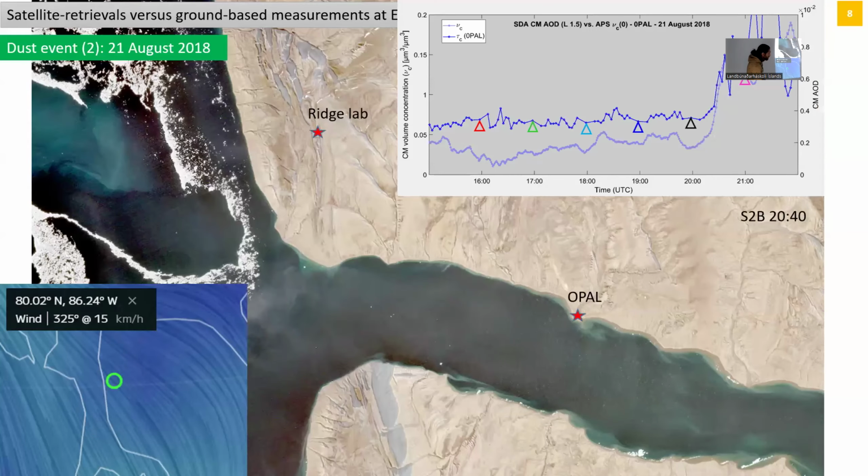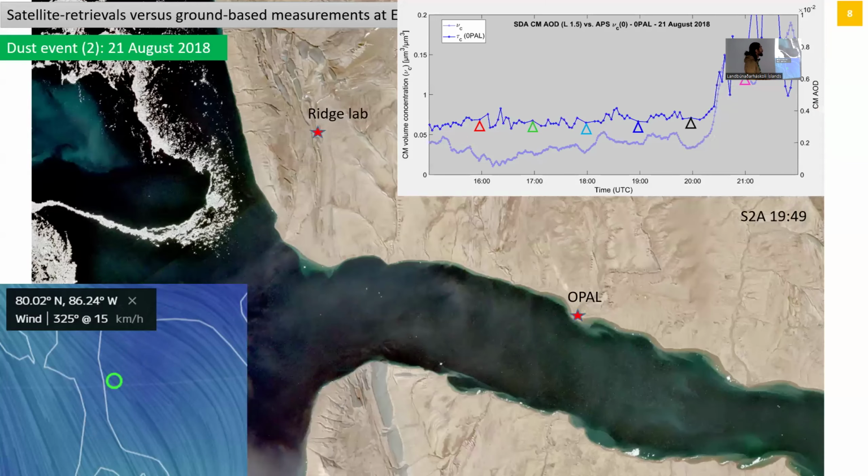The wind speed and wind direction trajectories seem to show that the dust is coming from somewhere around Ridge Lab towards OPAL Station, and that might be the reason that we have the rise in the coarse mode volume concentration and coarse mode aerosol optical depths after 20:30.